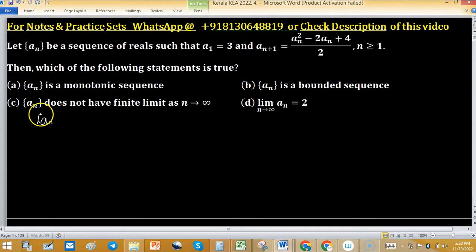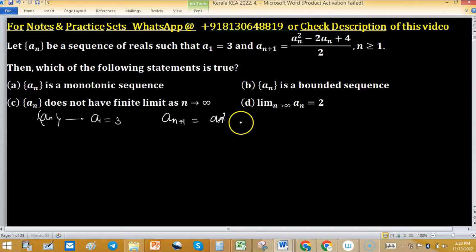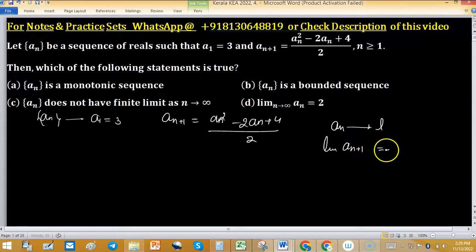Let a_n be a sequence of real numbers such that a1 equals 3 and a_(n+1) equals (a_n square minus 2 times a_n plus 4) upon 2. If we consider the sequence a_n is converging to L, then the limit of a_(n+1) is also L. So L equals (L square minus 2 times L plus 4) upon 2.